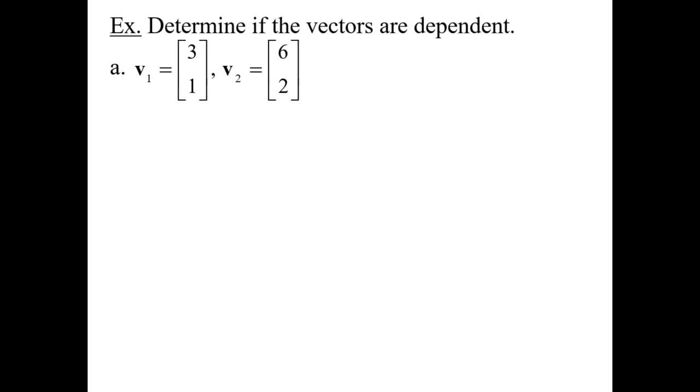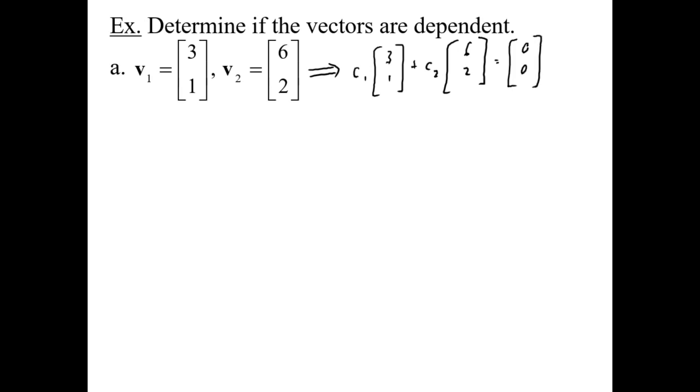Remember, linearly dependent means that if I did c1 times (3, 1) plus c2 times (6, 2), the result would be the zero vector. Let me rearrange a little bit: c1 times (3, 1) equals negative c2 times (6, 2).